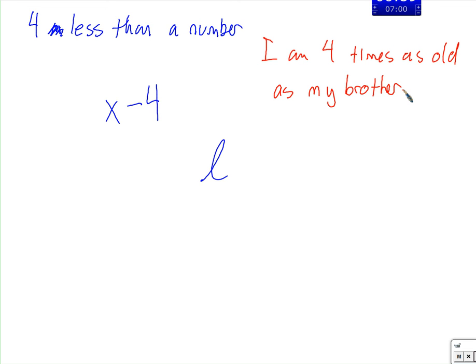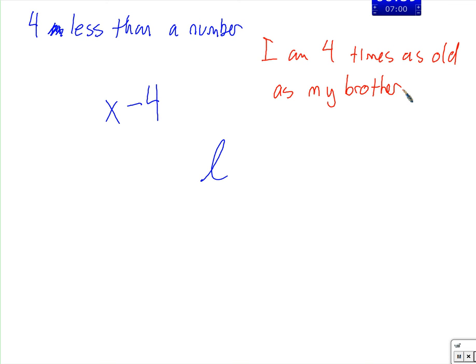What is the thing that you don't know? What's the unknown quantity? The brother's age, really, right? Once I know my brother's age, I know my age. Okay, so let's use an algebraic expression to express this. If I tell you that my brother is 12, we multiply 12 by 4, and you would get my age.